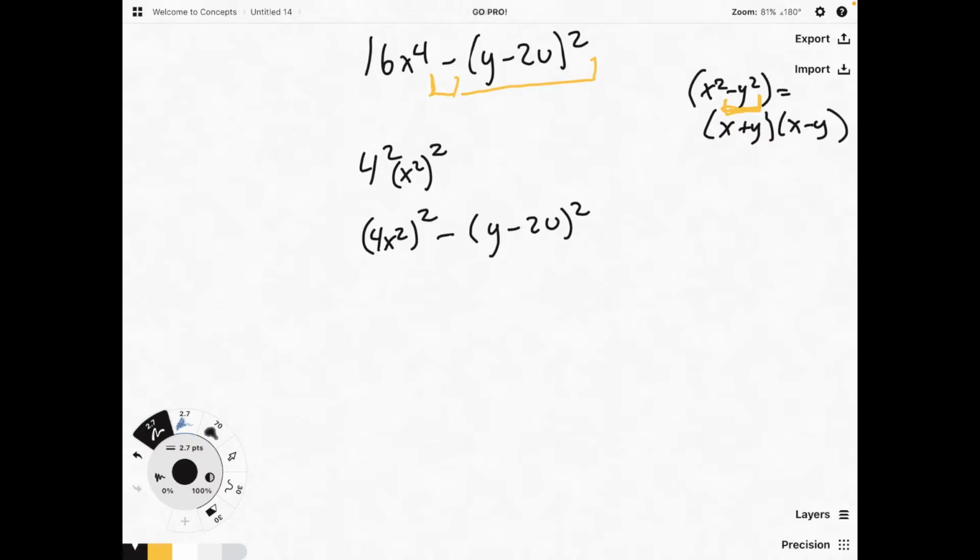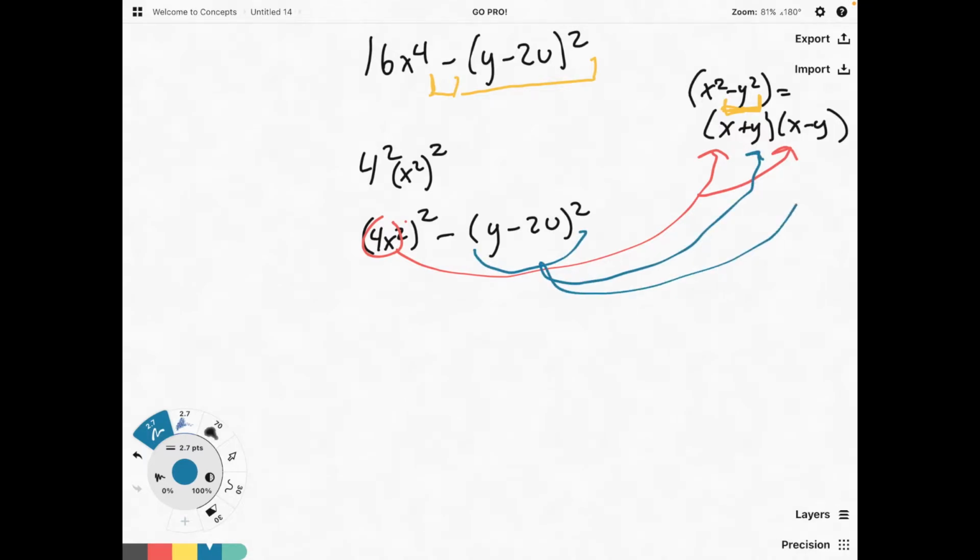And we already know we have the back end of the equation. And so therefore, following our rules, all we need to do is plug and chug. We have the x value here, which will go here and here. And we have the y value, which is going to go here and here. So let's do that.